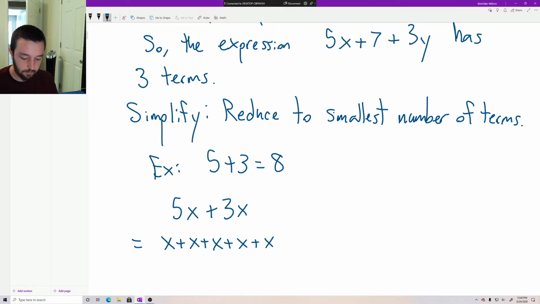So that's the 5x part. The second part, the 3x, is like adding x to itself 3 times. So we expanded it, and now if we want to put it back together using multiplication, we're adding x to itself 8 times. So this is the same thing as 8x. This is maybe what we would expect to get from something like 5x plus 3x. We just get 8x.